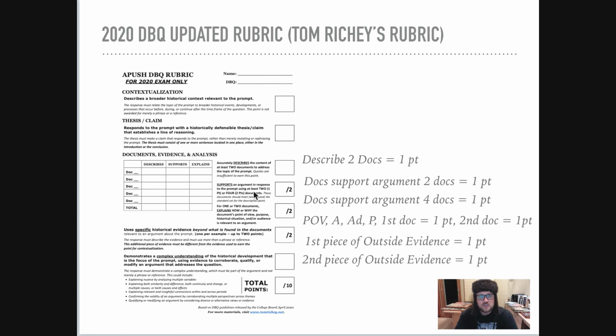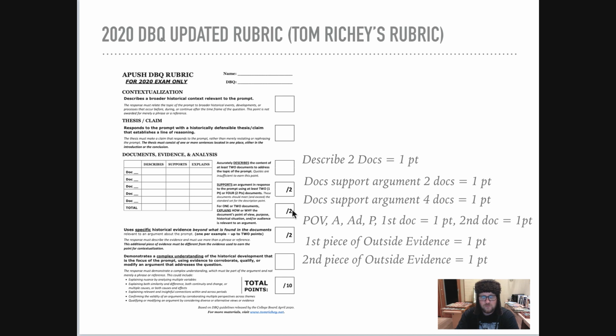So for this change, the supports, basically describe 2 documents, you get your point right there, rather than the normal 3. For this right here, documents support arguments, you get 2 documents that support arguments, you get 1 point. Documents support arguments, 4 docs, you get 1 point here.